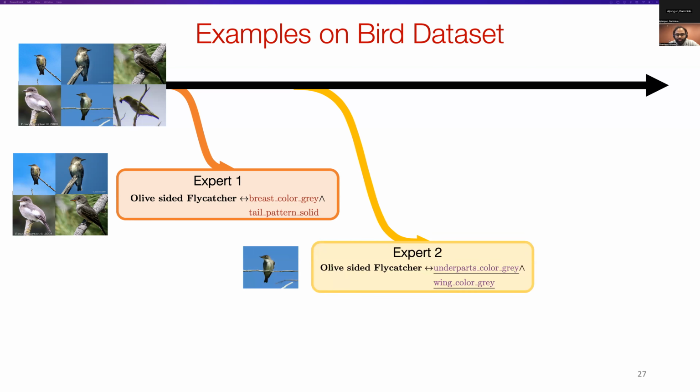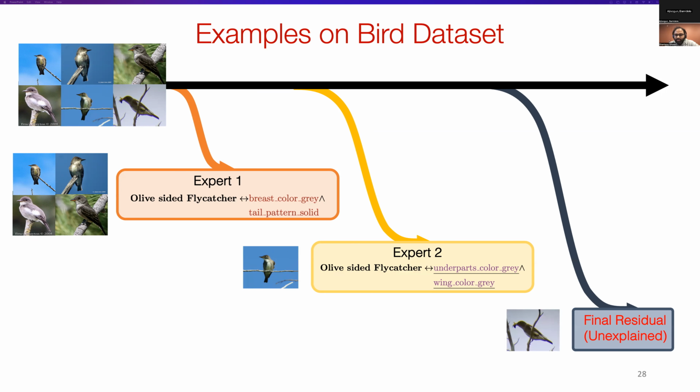Whereas expert 2 uses underparts color gray and wing color gray to identify this particular sample as the olive-sided flycatcher. And finally, this particular sample will be covered by the final residual, and it will be unexplained. So the takeaway message is that specific experts look into specific subsets of data and discover the local concepts which are important to classify that particular subset of data.